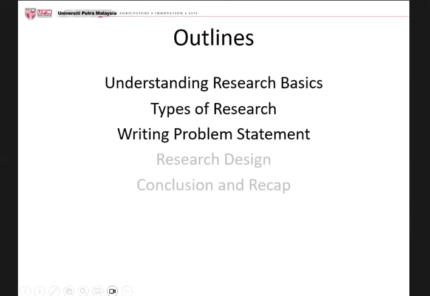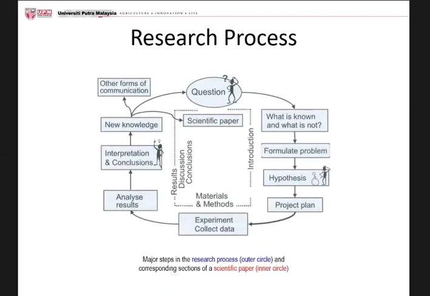Okay, so we have known about the types of research. We look at the problem set. At the top, before you go to do the research, you have to formulate the problem. And if you see here, formulate problem comes from a question, a question in your head. So why is this the case?